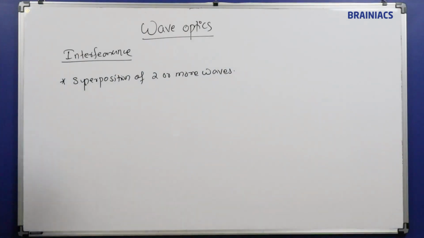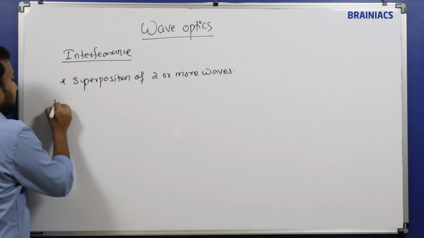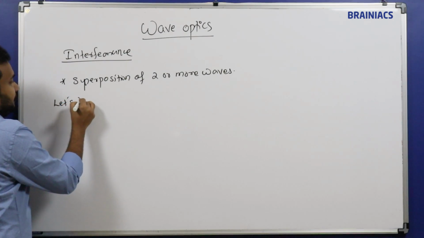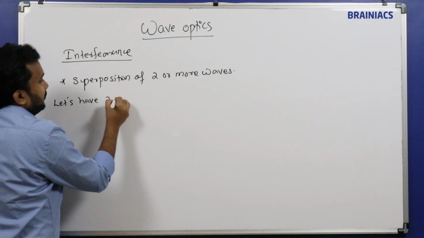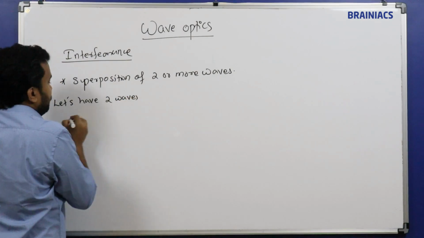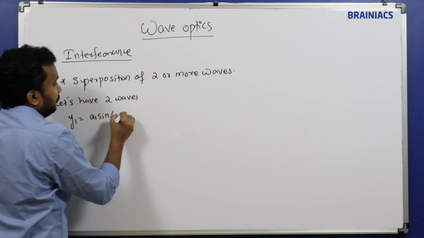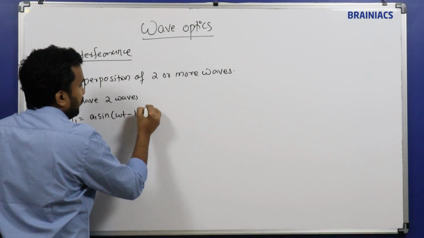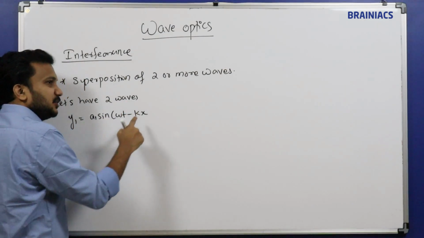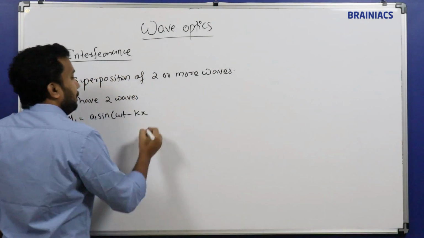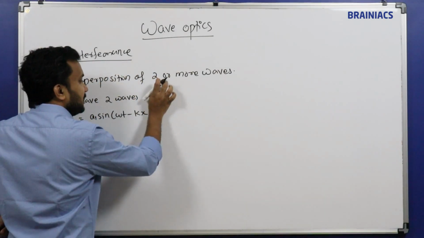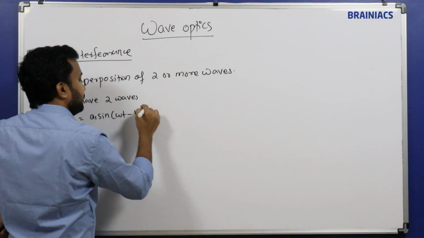Now we will take an example of 2 waves and see how the superposition varies accordingly. Let's have 2 waves, meaning 2 radiations. First one, y1 = a1 sin(ωt − kx). I am putting minus because I am assuming the wave is propagating in the plus direction. This is my first wave.